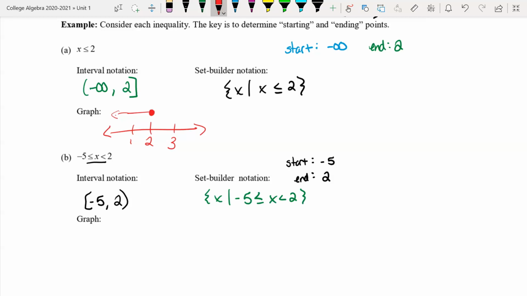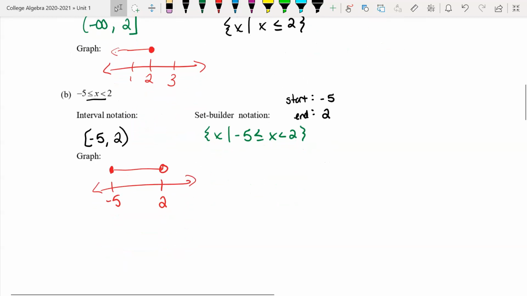Set builder notation, again, is pretty simple. When I graph it, I start at the left and go to the right. The nice thing about this one is you don't have to have an arrow, because if you have a start and an end point that's a number, you shade in between. I used a closed circle on negative 5 because it's less than or equal to, and an open circle on 2 because it was just less than.